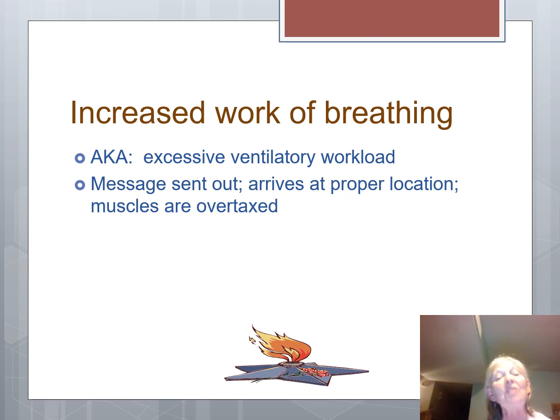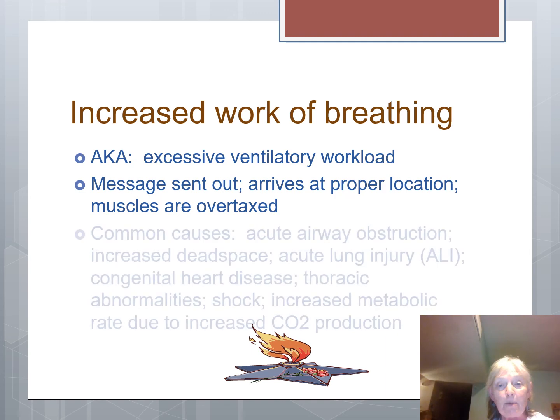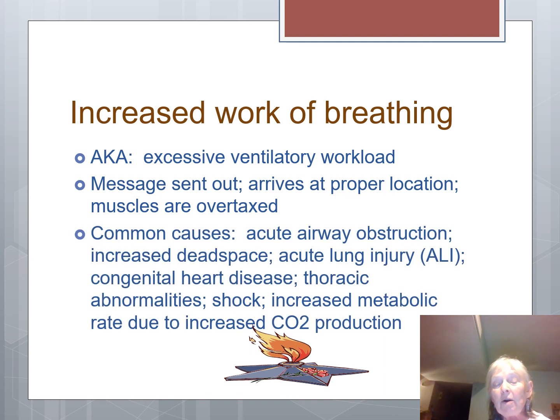They can't do anything. And so we're going to start seeing our patients slow down. So there it is, common causes: acute airway obstruction, increased dead space, heart disease, congenital heart disease is another one, thoracic abnormalities, shock, increased metabolic rate due to increased CO2 production. These are some of the bigger ones at that point.